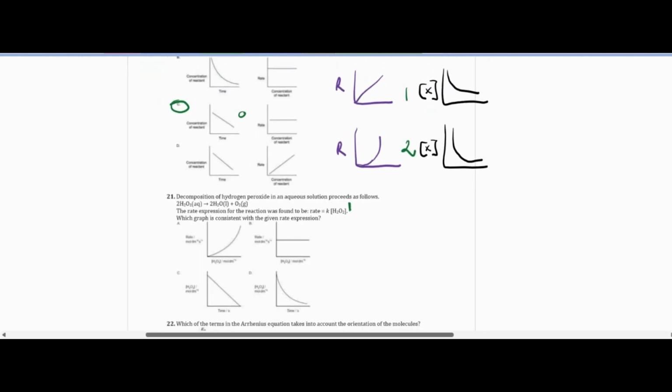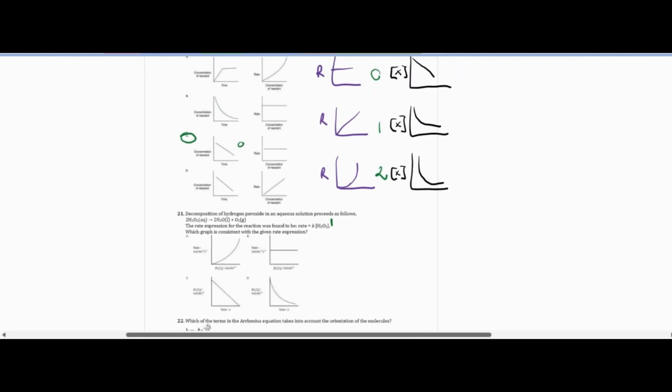So just using the graphs that we've already drawn, it can't be that one, that's second order. This is 0th order. This is again 0th order. So it will be D. That will be first order.